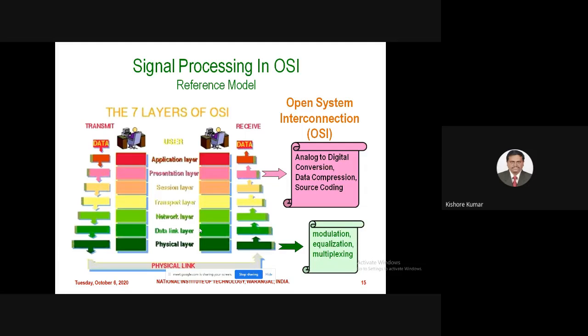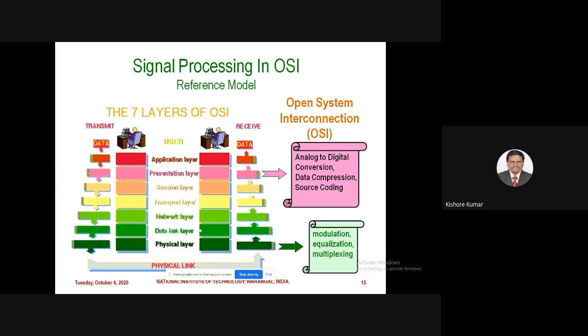These are the different signal processing techniques that we can use even in the OSI reference model. So in the seven layers of the OSI reference model, we can use this signal processing domain in this networking system also.